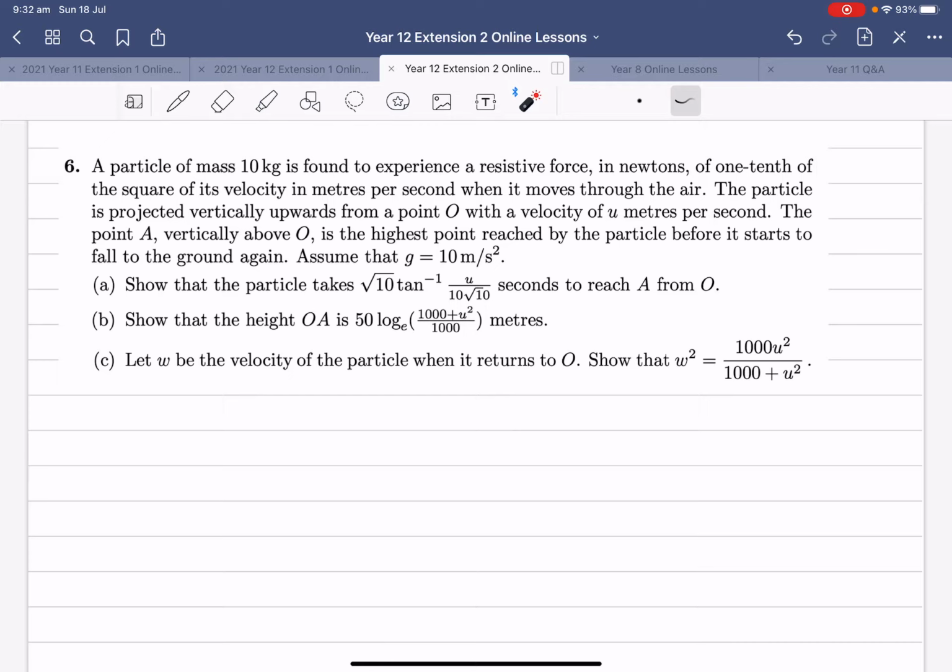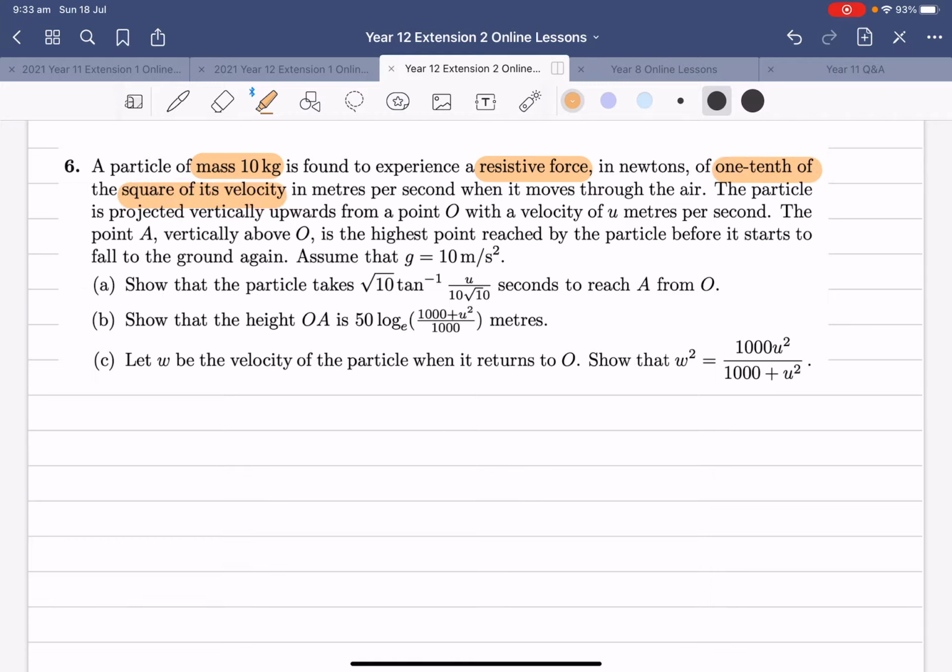Question 6. A particle of mass 10 kilograms is found to experience a resistive force in newtons of 1/10 of the square of the velocity in meters per second while it's moving through air. Let's highlight or label the important information. Mass is 10 kilograms. We have a resistive force that's 1/10 of the square of the velocity.